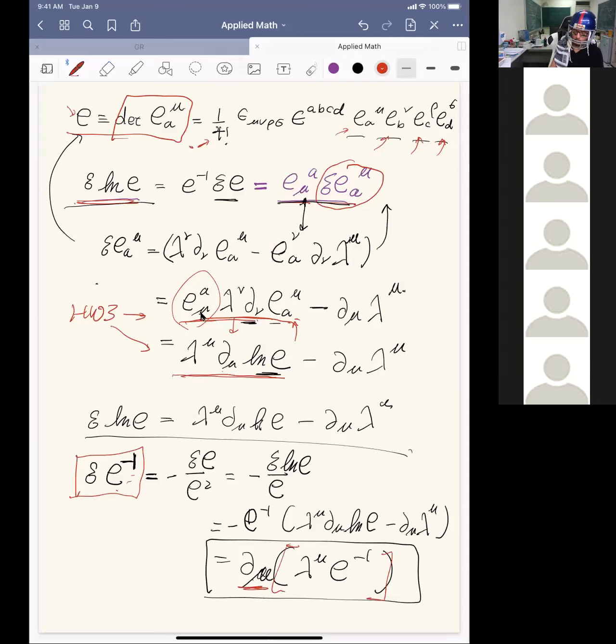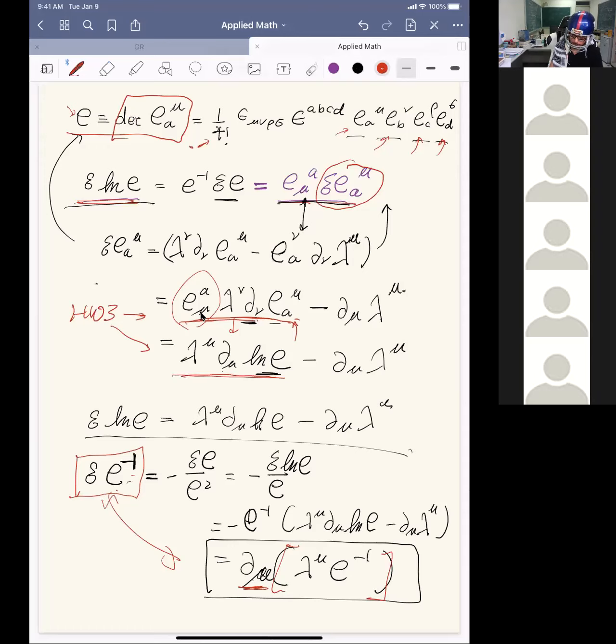Now, of course, you can derive this directly by brute force, but that's not very enlightening. If you do things this way, then everything is compact and you can derive it in one page. So the variation of E inverse is just the total derivative.